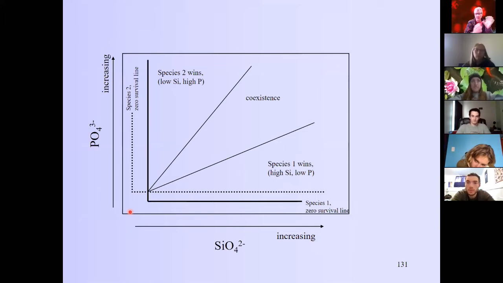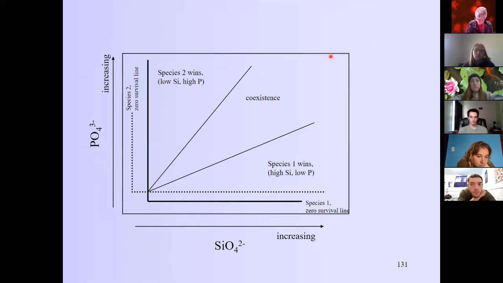And then you can get 3 or 4 species, right? You can get 3 species in there, and then you have another axis, and you can't really get your head around multidimensional space like that, but you can get the idea that you keep adding species in, with different requirements, as you have more and more nutrients that are potentially limiting.